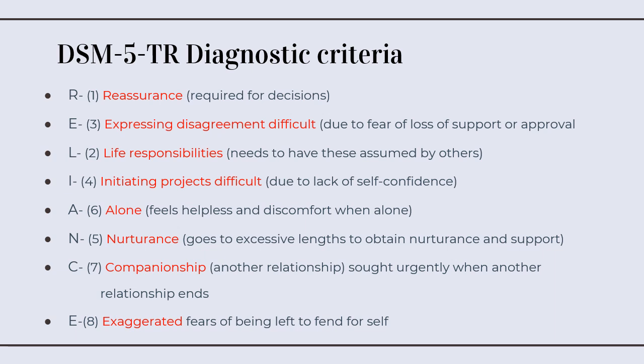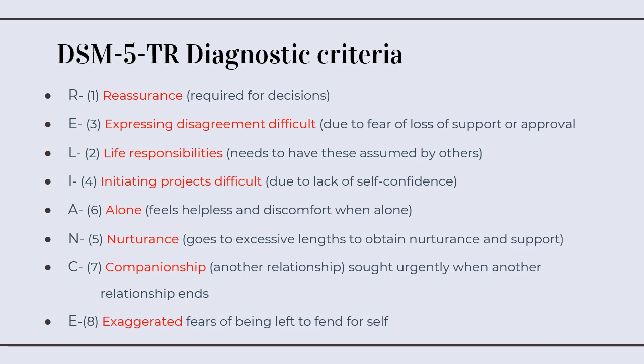Then we have A, which is criterion 6, which is feels uncomfortable or helpless when alone because of exaggerated fears of being unable to care for himself or herself. Then we have N, which is nurturance, which is going to excessive lengths to obtain nurturance and support from others to the point of volunteering to do things that are unpleasant.